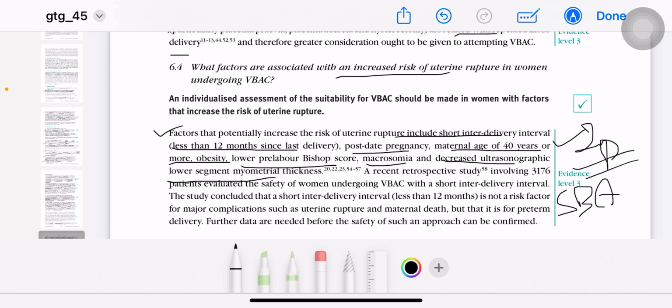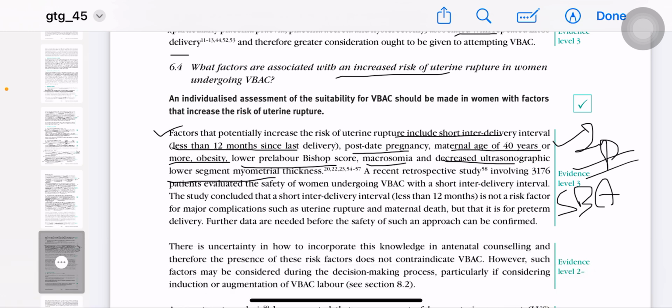These are very important, because if there is a short interpregnancy interval, there is increased risk of rupture, so the better option for the patient is to proceed toward cesarean section, not toward VBAC.